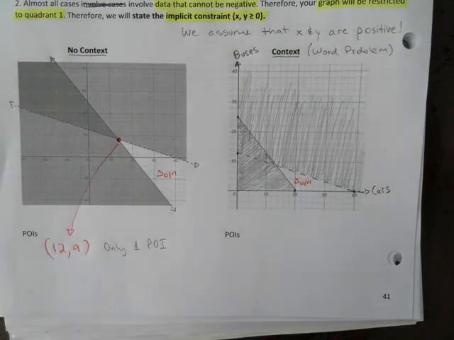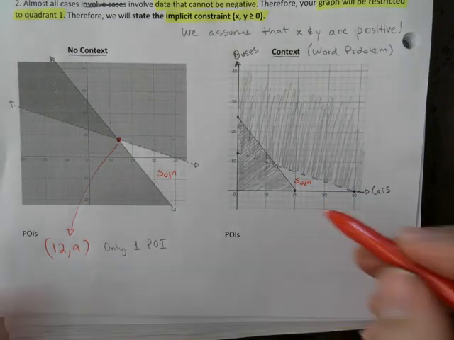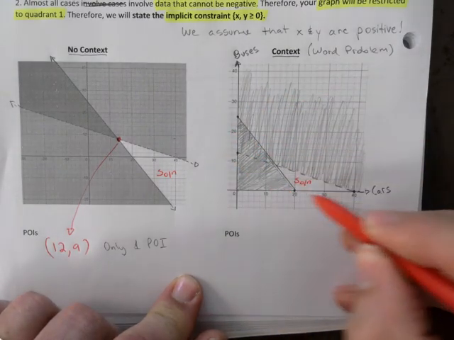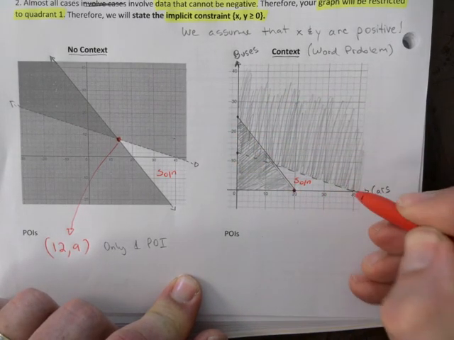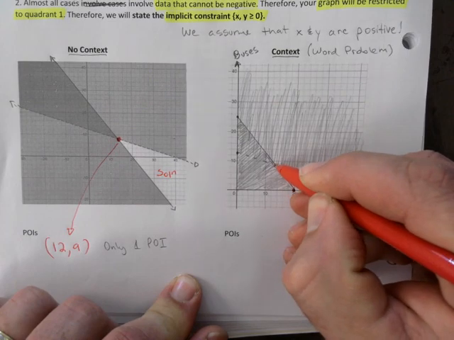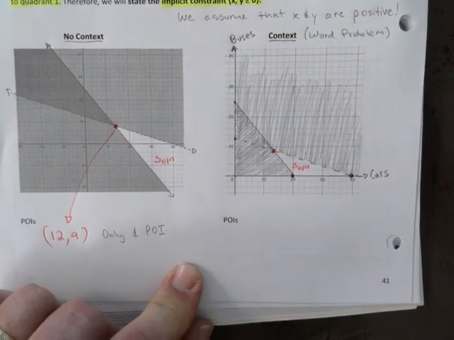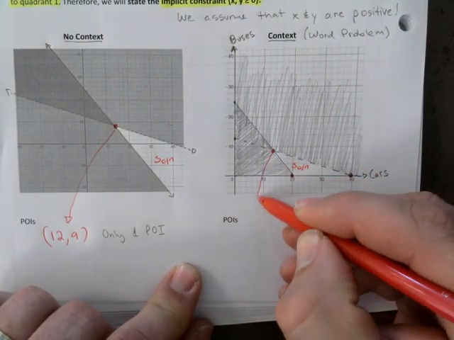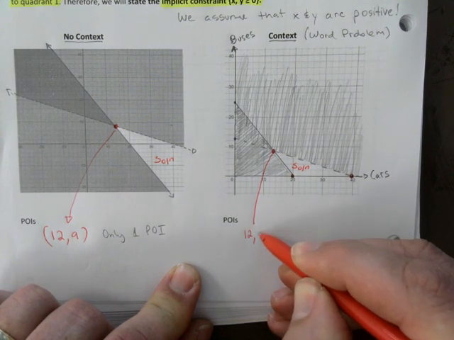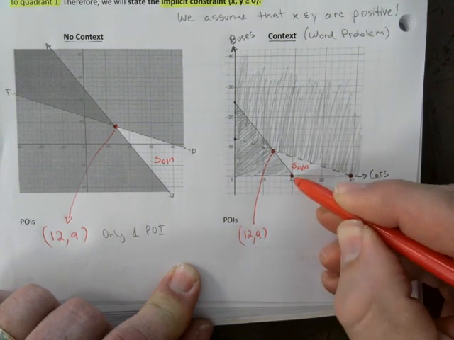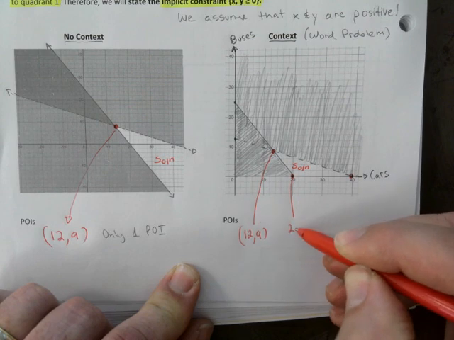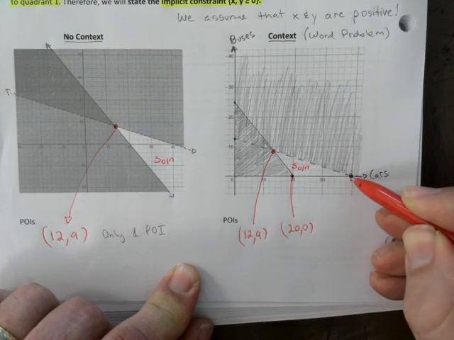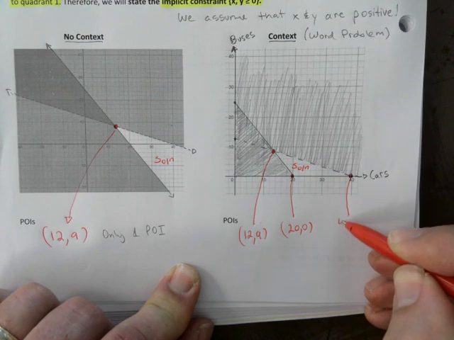In this scenario, because you're bound to the positive quadrant, you have 3 POIs. Okay, so this one is 12, 9 still. This one is 20, 0. And this one is 40, 0.